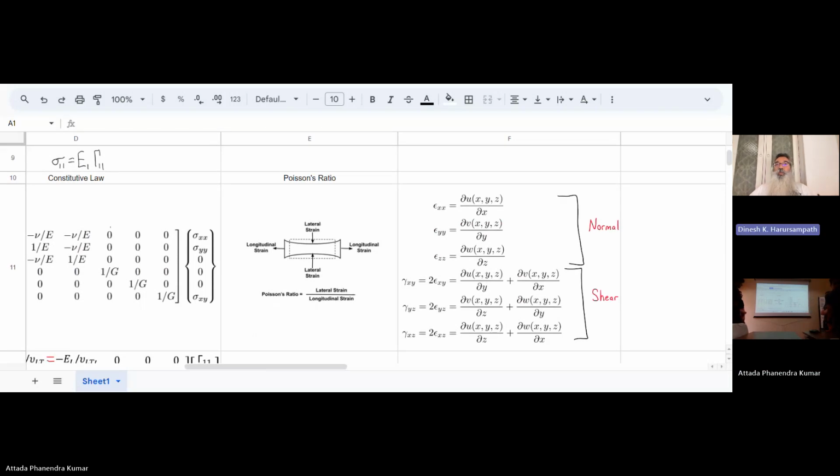Truly speaking, even though Poisson's ratio is defined in terms of the ratio of strains, it is for an applied stress and it's a material property, right? So like all other material properties in the constitutive law, it also comes under the constitutive law. It's just one of the parameters defined in it.